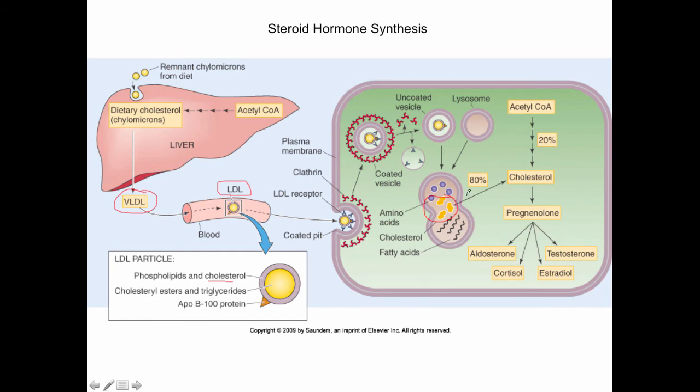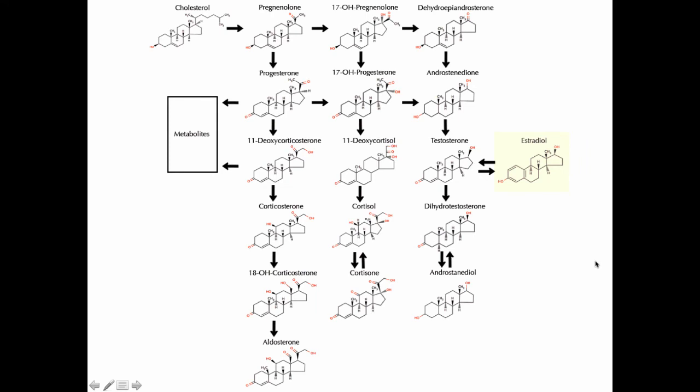And then the cholesterol interacts with various enzymes to produce intermediates and ultimately whatever steroid hormone we want to produce. So the process of producing steroid hormones involves a series of biosynthesis reactions that requires the production of intermediates.